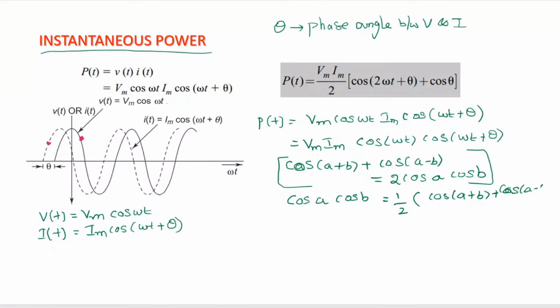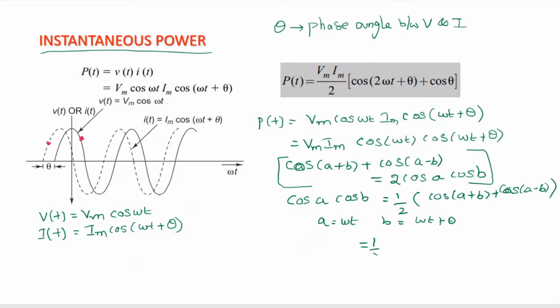So in the place of A you substitute omega t. In the place of B you substitute omega t plus theta. So A is equal to omega t and B is equal to omega t plus theta. So it is equal to half.